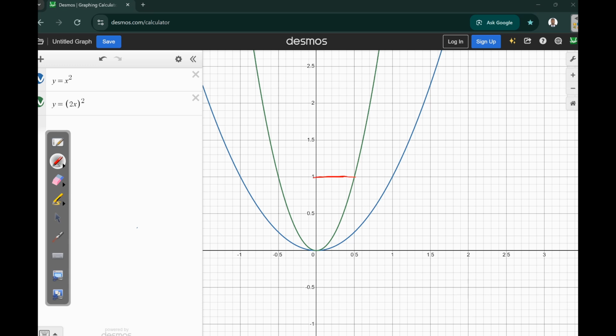For the same y coordinate, which is 1 here, for the first one, the blue, the x coordinate is 1. But for the same y coordinate, for this new one, the x coordinate is a half. So do you see that the x coordinate here was multiplied by a half? It comes out as a half.